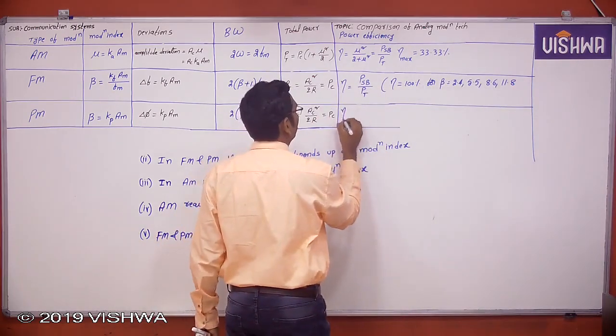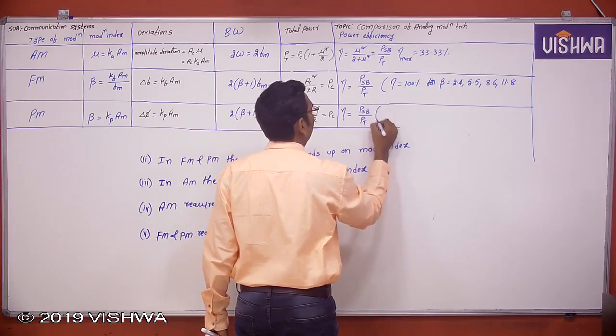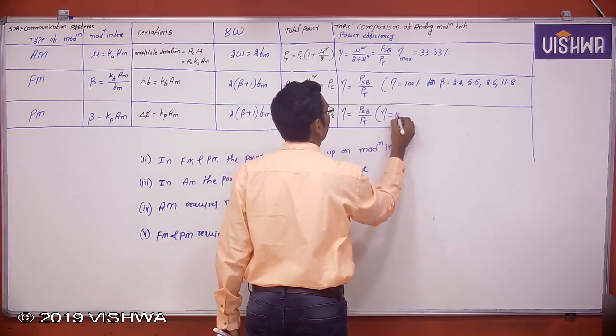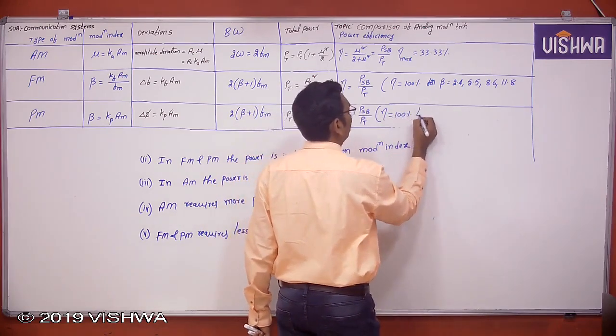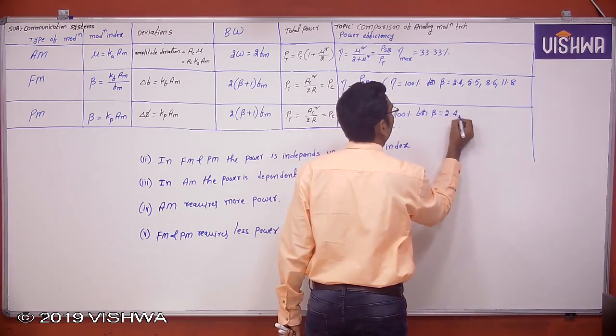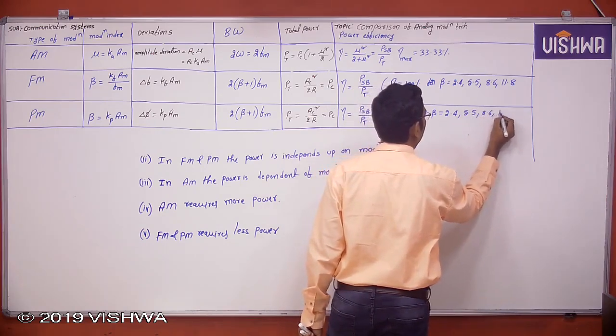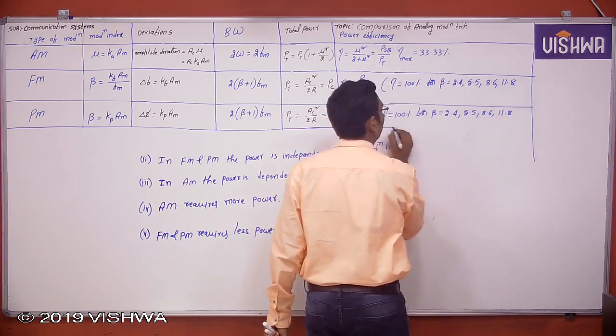Here also the power efficiency is 100% for beta equal to 2.4, 5.5, 8.6, 11.8.